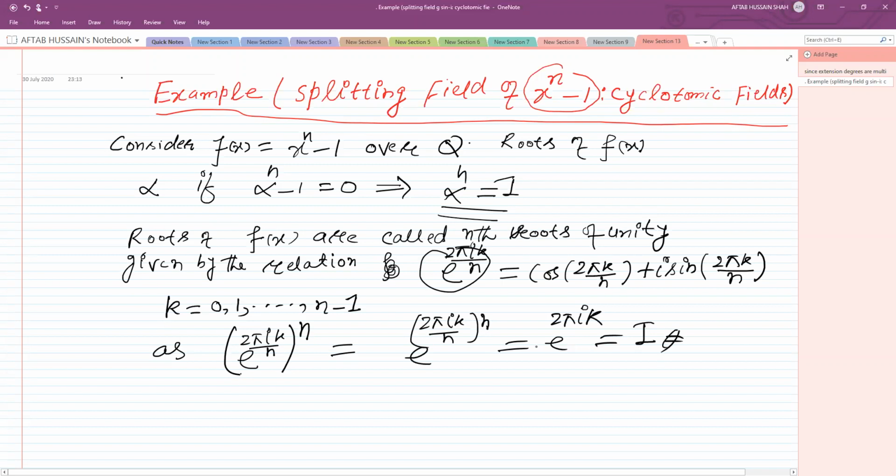And what is the geometric representation of these roots in the complex plane? They lie on a circle.